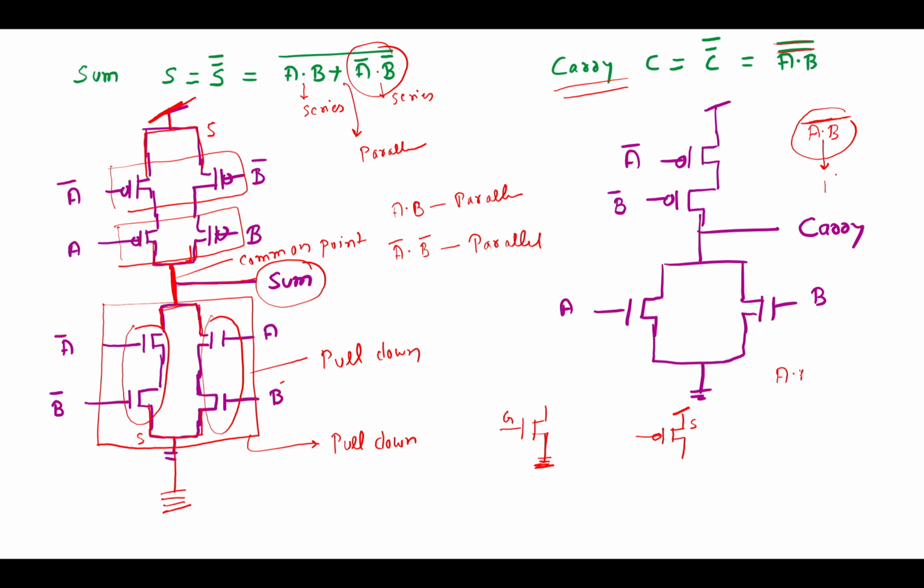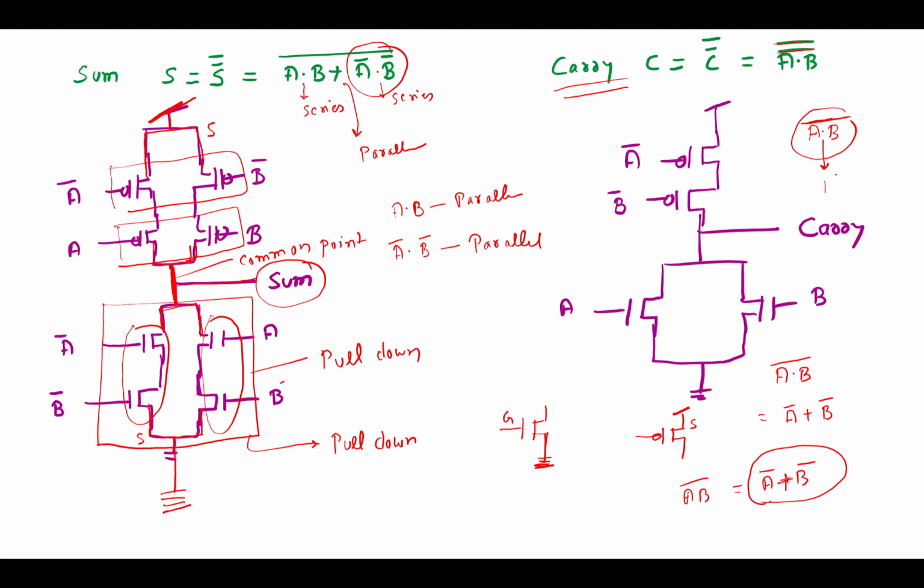Suppose a dot b whole bar, can we write this expression as a bar plus b bar? Because we know the property of De Morgan's theorem, ab whole bar is equal to a bar plus b bar. So we have to write it in this way.